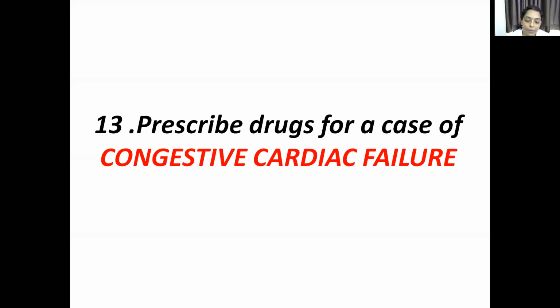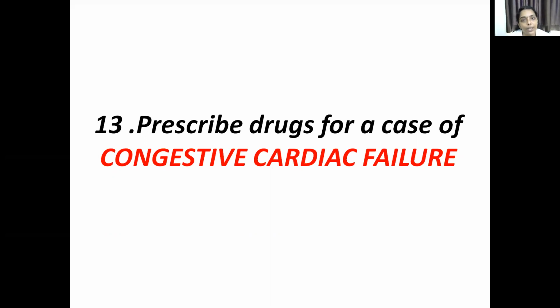Now what is the presentation in a heart failure patient? There is edema. The failing ventricle is not able to pump the blood properly, so the blood is retained back in the heart. There is back pressure exerted in the body as pulmonary congestion, hepatic congestion and peripheral congestion.